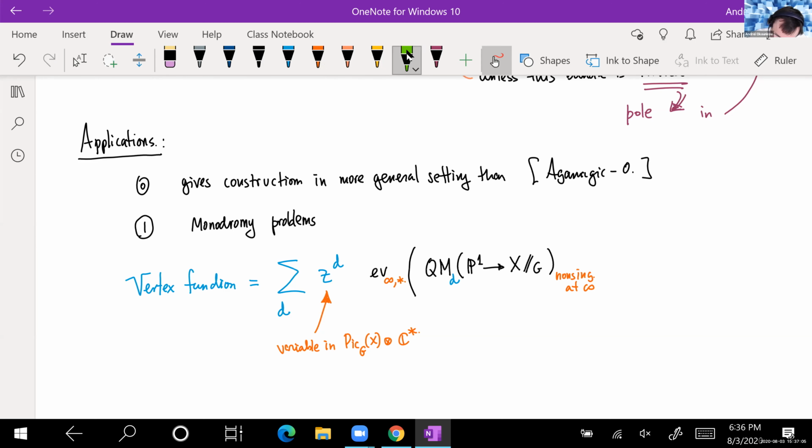Additionally, there is an action of C star, with variable q, that rotates the domain, q in C star, automorphisms of the domain of my map. There could also be some commuting action: whatever commutes with my group can act here, some other group of automorphisms. And then what you push forward is a symmetrized virtual structure sheaf.